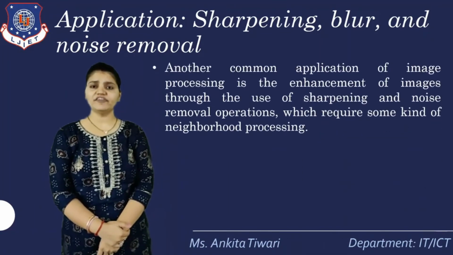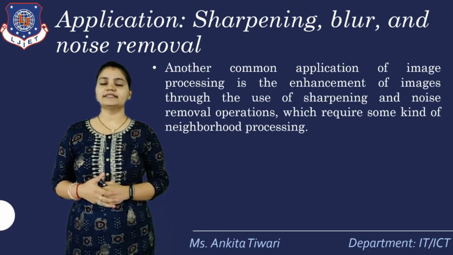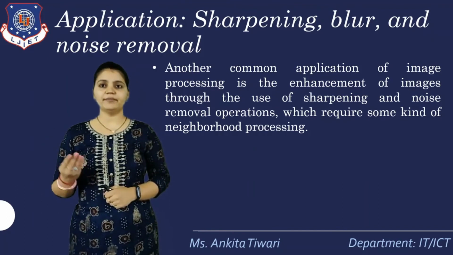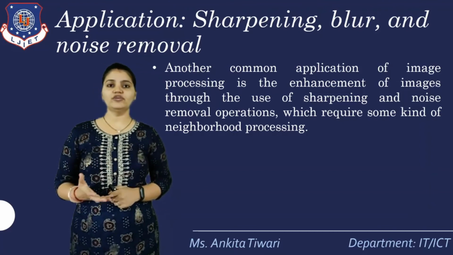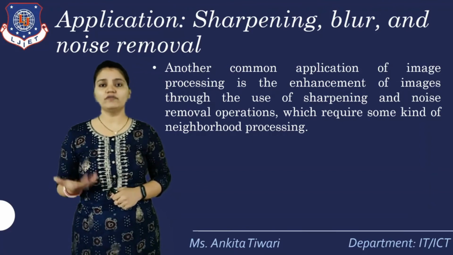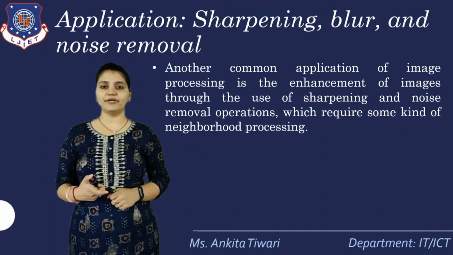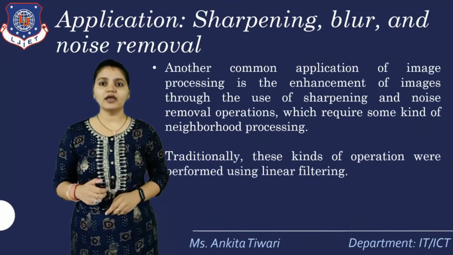Moving on, a common application of image processing is the enhancement of the image. Of course, I already shared that sharpening, blur removal, and noise removal come under enhancement of the image. So through the use of sharpening, we can enhance. How will we do the enhancement of the image? We can use sharpening, and we can use noise removal operations, which require some kind of neighborhood processing.